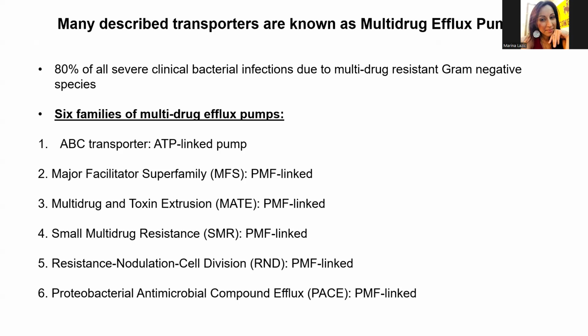RND, I memorize this as the research and development department, is also PMF linked. PACE is also PMF linked, which means it usually involves hydrogen ions. So notice that ABC transporters are the only ones that actually use ATP energy.